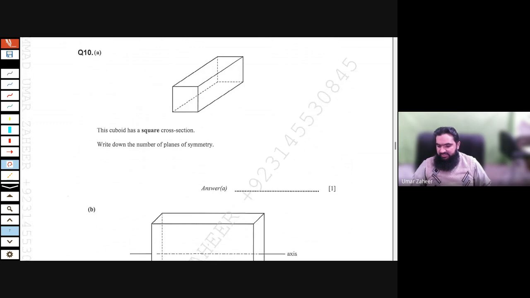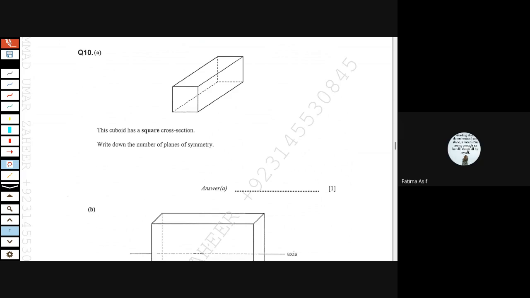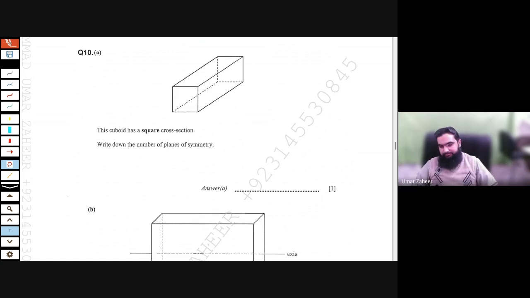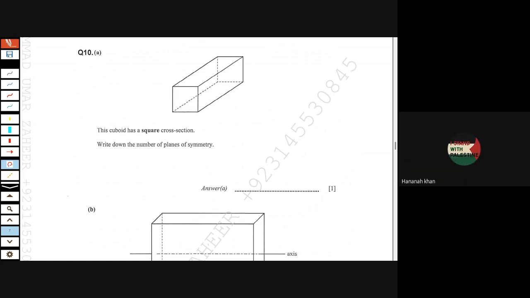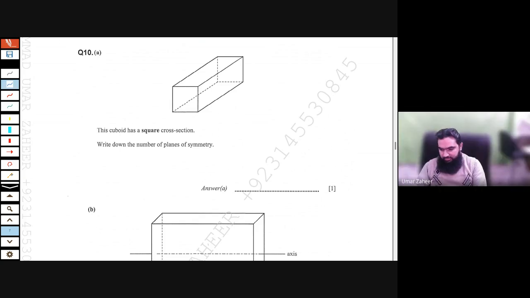Okay. This cuboid has a square cross-section. Write down the number of planes of symmetry. It is a square. How many do we have? Sir, 9. 5. Is it 5? How do we have five? We need to draw it as well.